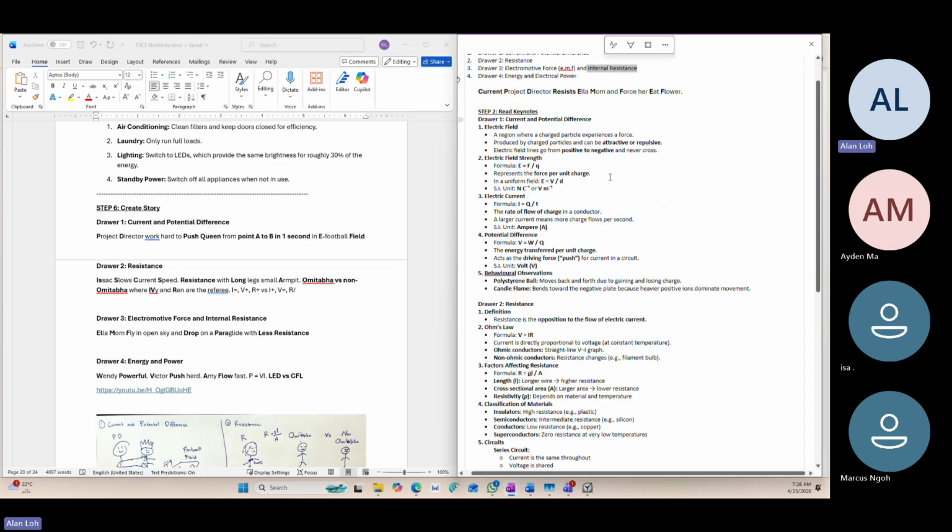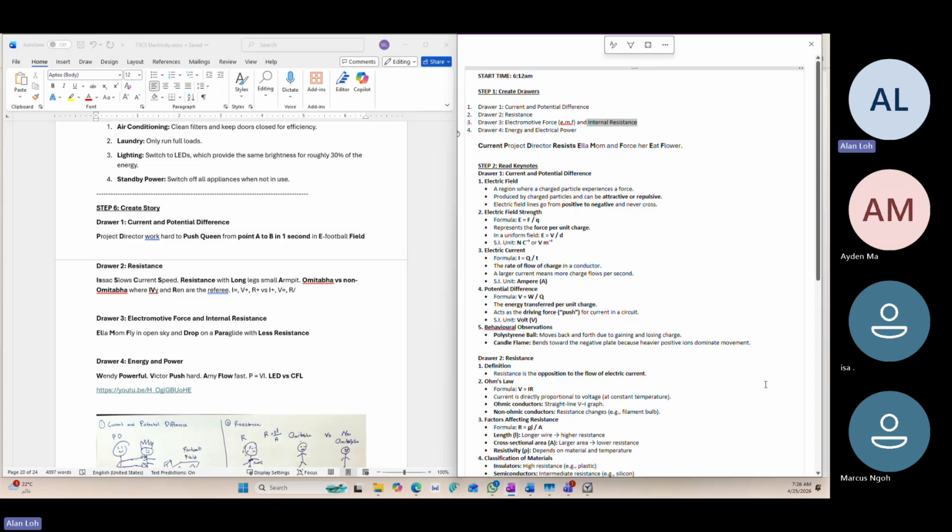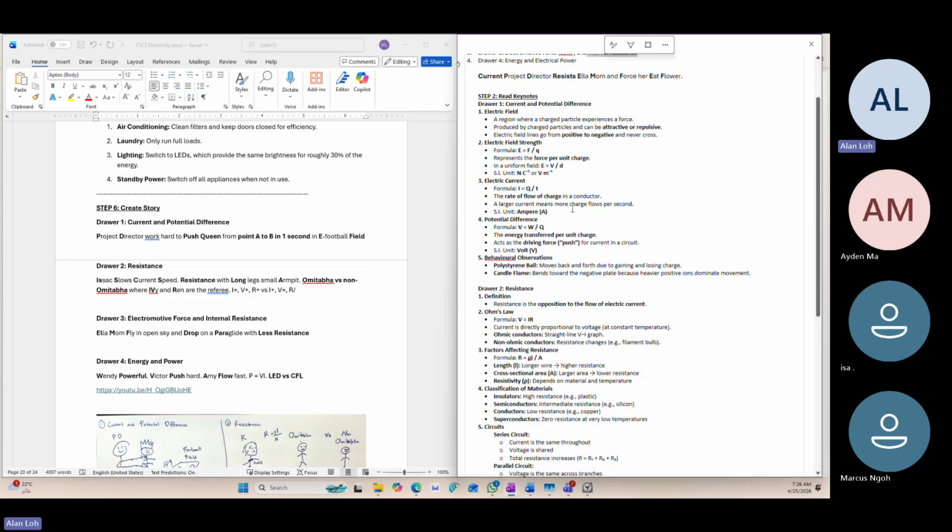So we started at 6:12. Now is slightly more than 1 hour, and I believe you have now a better understanding of the chapter, right? If you were given a book to read to understand the chapter in slightly more than 1 hour, do you think you are able to understand better than what you understood now using this method?